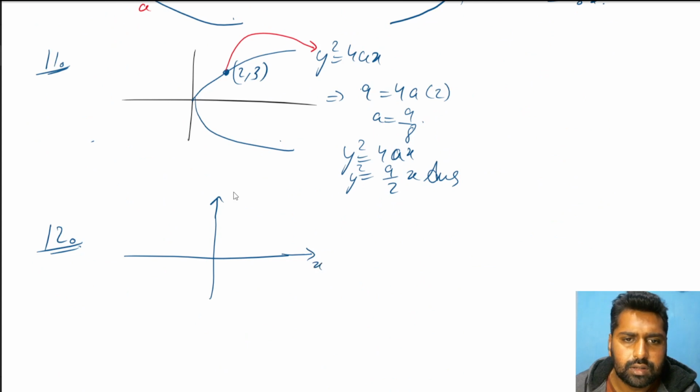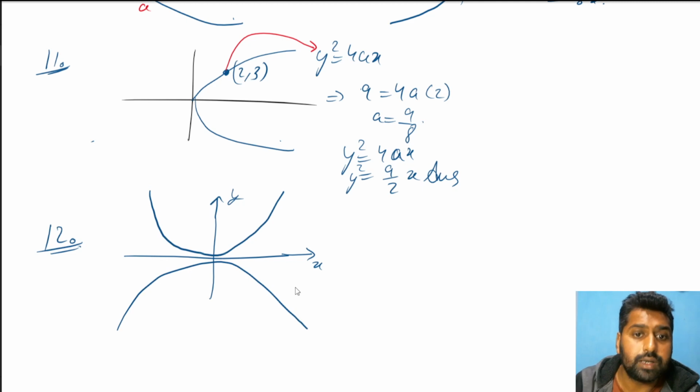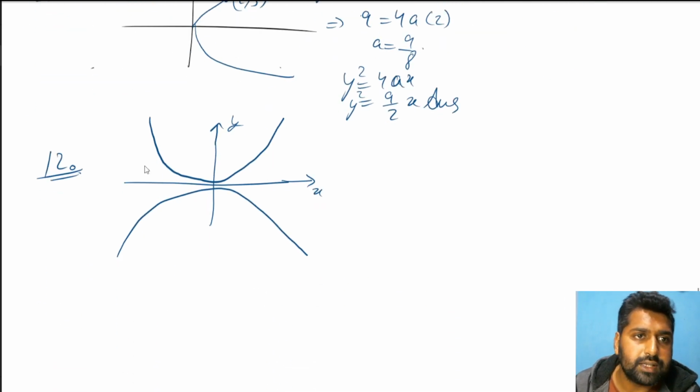It is the axis about which it is symmetric. Now he is saying it is symmetric about y-axis, so it has to be like this or like this. These are the only two options. But again 5 comma 2 is lying in the first quadrant somewhere here. That means the above one has to be the correct parabola, so we reject this one.